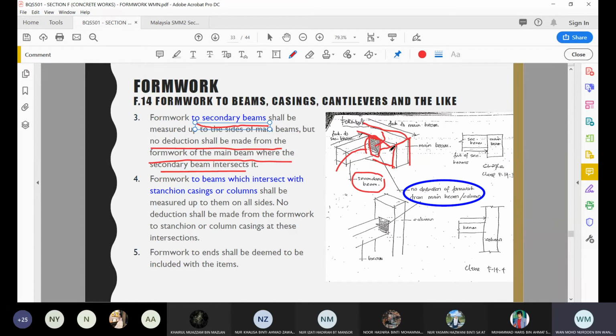Maksudnya kawasan yang berlorek ni, okay, ini kalau ikutkan bila kita buat formwork untuk main beam ni, kawasan ni akan macam berlubang lah kan, sebab dia akan jadi macam tu lah.